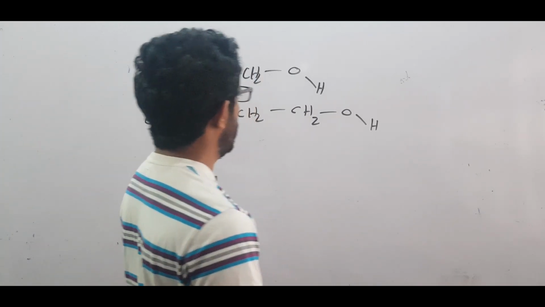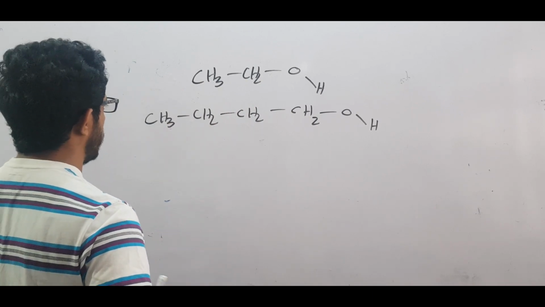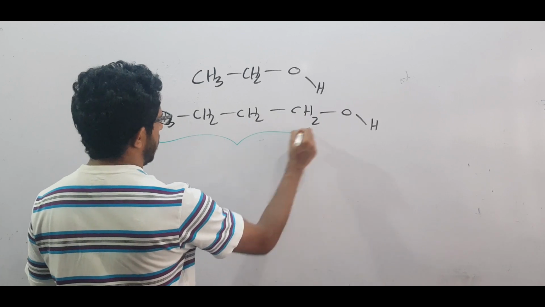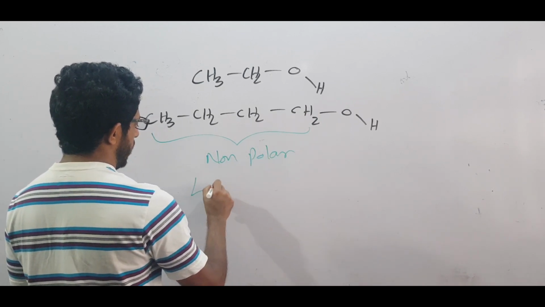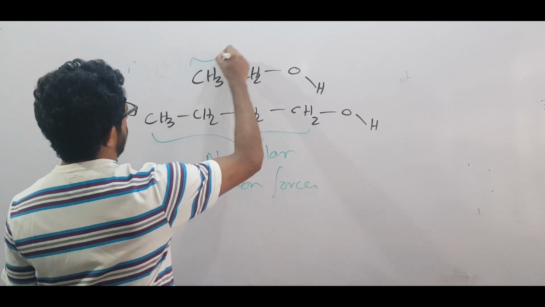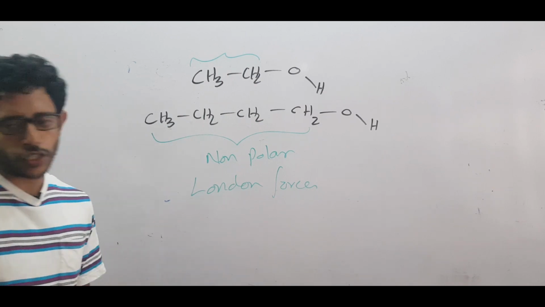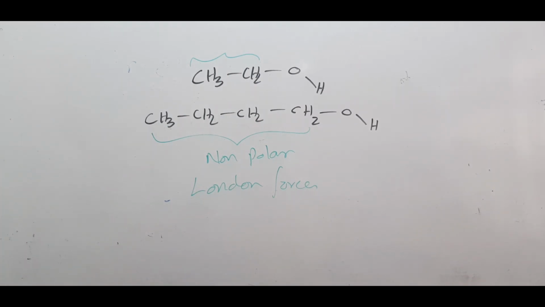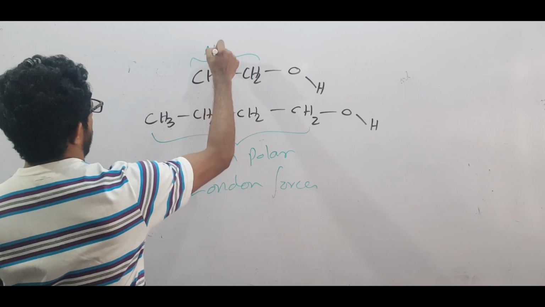Now the idea is this: this whole part of butanol is nonpolar, which contains London forces. Here this part is also nonpolar, the CH3CH2 part is nonpolar, but it has a smaller carbon chain, so this is also nonpolar.